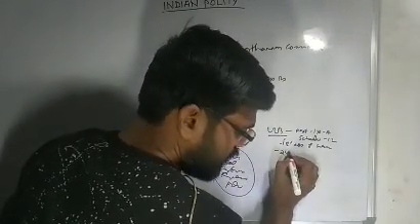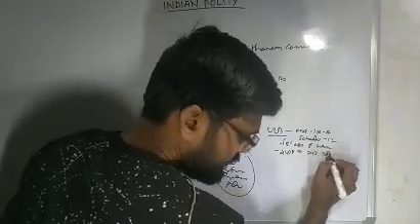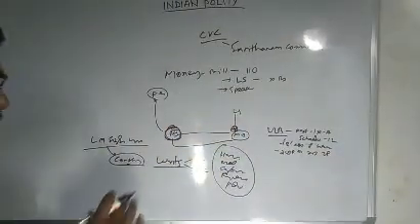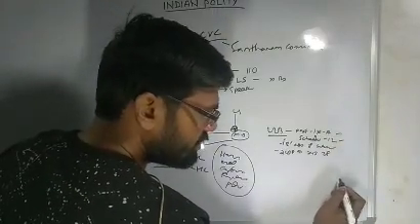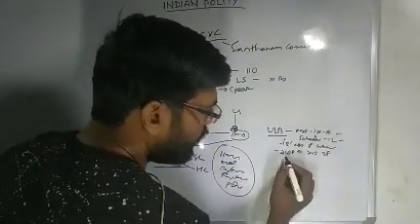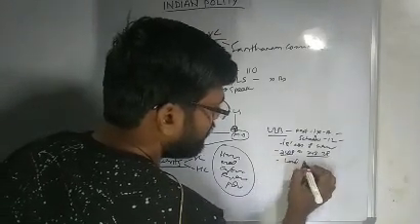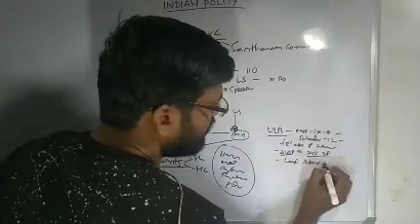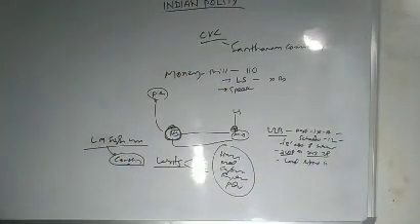Its provisions are Articles 243P to 243ZG. Please remember Part 9A, Schedule 12, 18 subjects, 243P to 243ZG, and Lord Ripon is known as the father of local self-government in India. Very important.